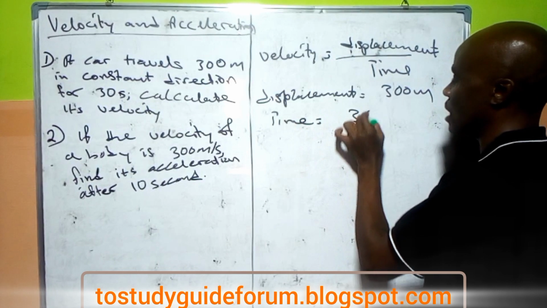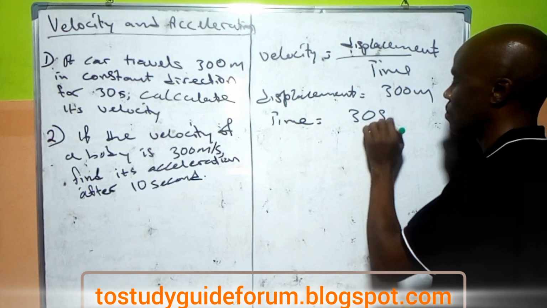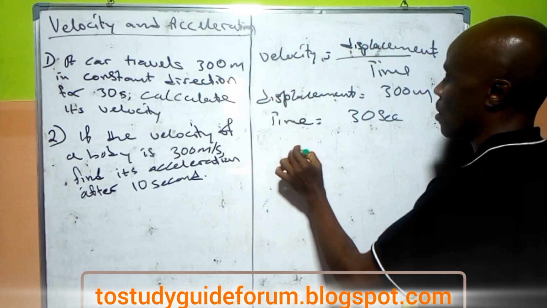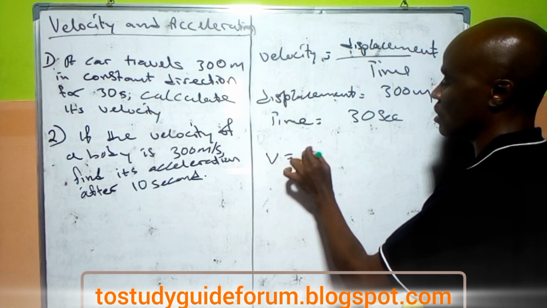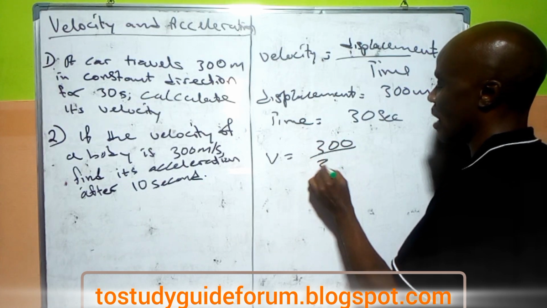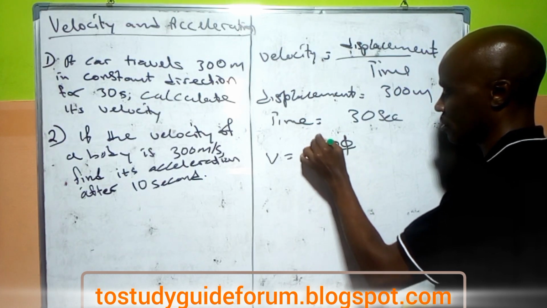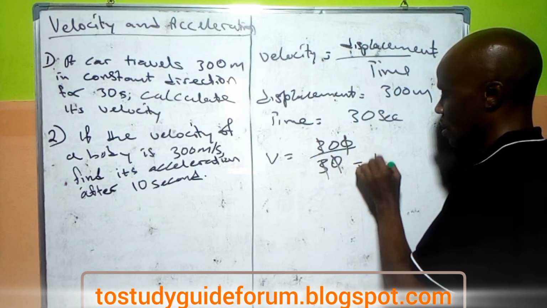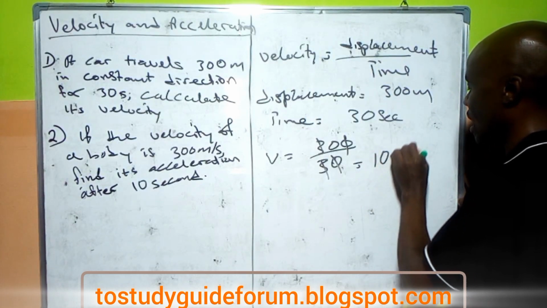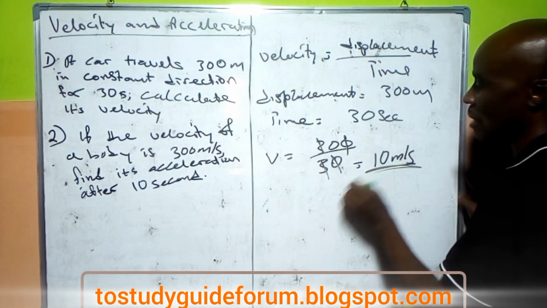Time is what? 30 seconds. So what we do next, velocity will then be 300 over 30. That will give us 10 meters per second.